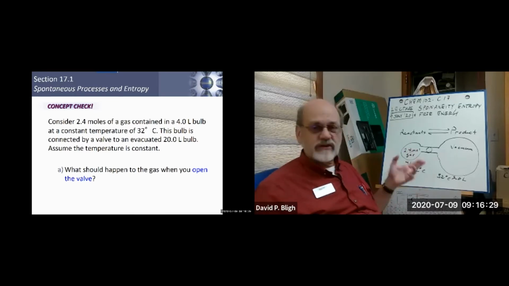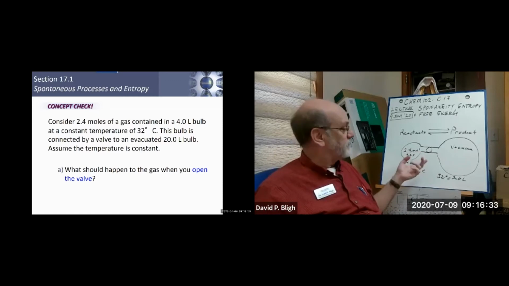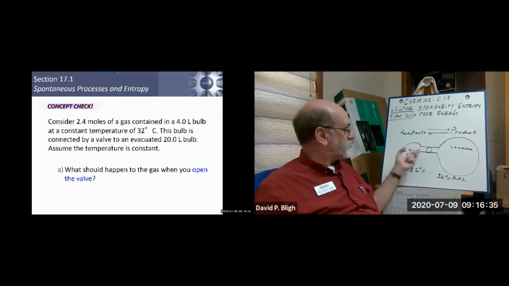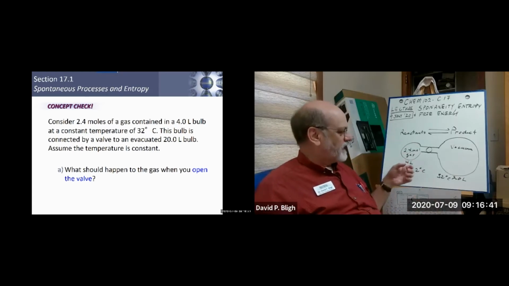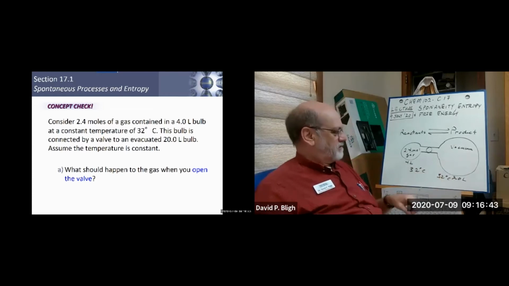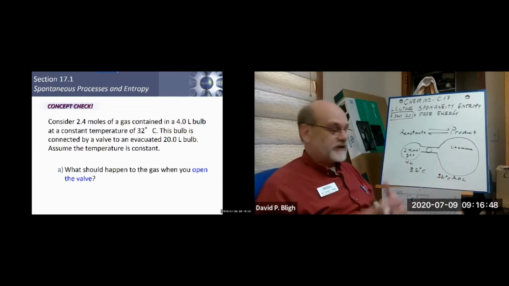But the question is, in a chemist's mind, why didn't all this gas stay right there in that bulb? And that sounds like a stupid question. But this is a thought experiment. We know that what's going to happen is the gas is going to move that direction.